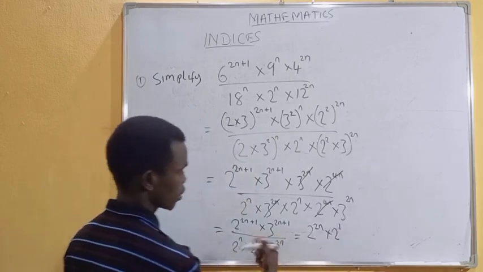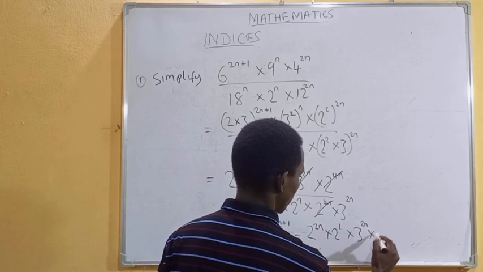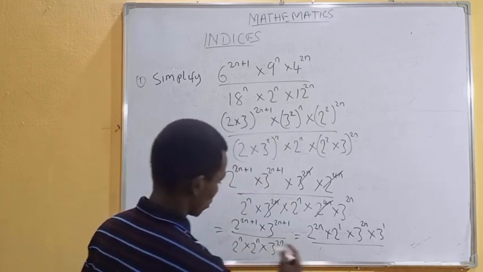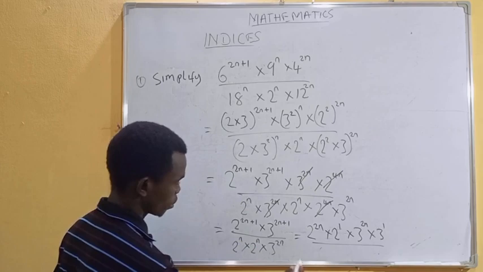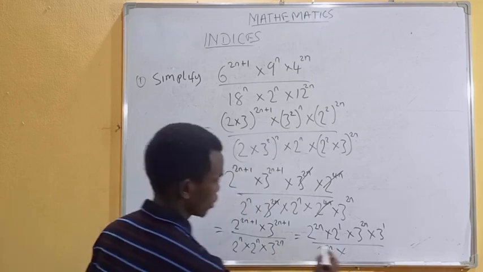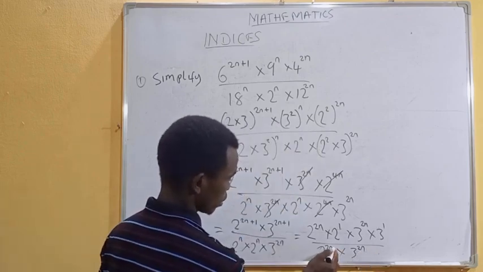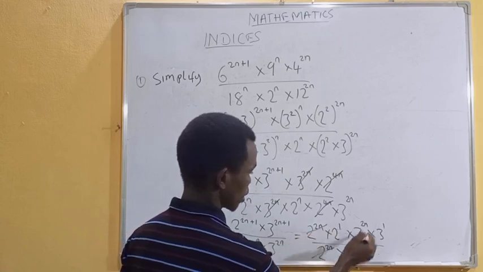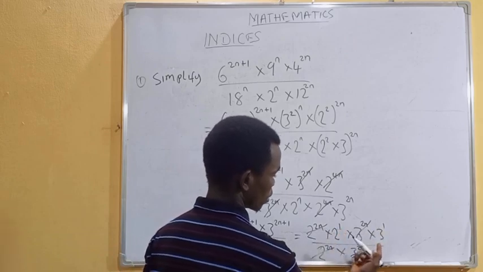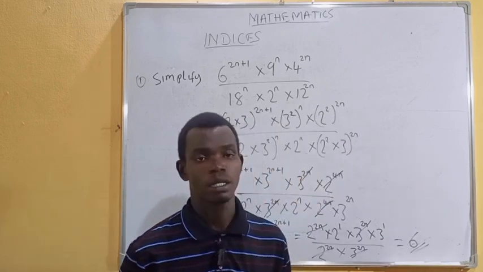This can also be converted to product law, times 3 raised to the power 2n times 3 raised to the power 1, divided by 2 raised to the power 2n times 3 raised to the power 2n. From here now, this can cancel this, this can cancel this. Therefore, 2 raised to the power 1 is 2, times 3 raised to the power 1 is 3. Now it is 2 times 3, which is equals to 6. This is our answer for this question.